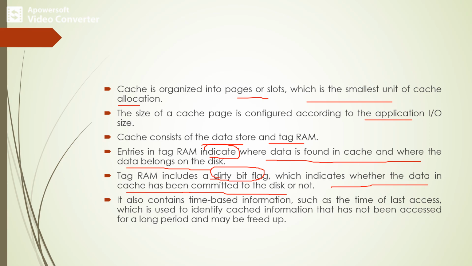It also contains additional information like time-based information, such as the time of the last access, which is used to identify cached information that has not been accessed for a longer period of time. Such pages can be freed up from the cache. That means the pages can be flushed from the cache to the disk.